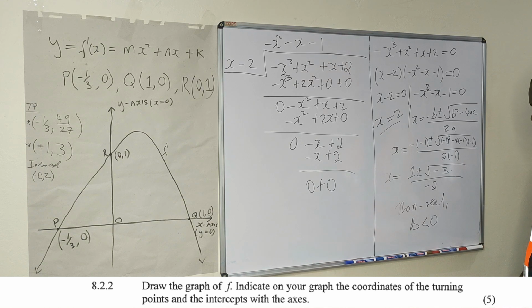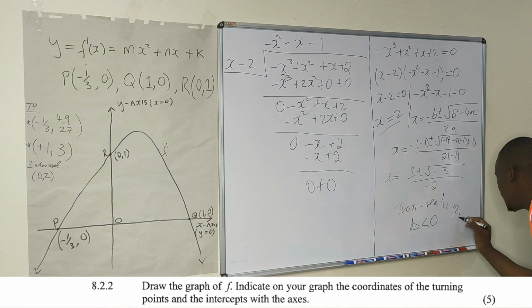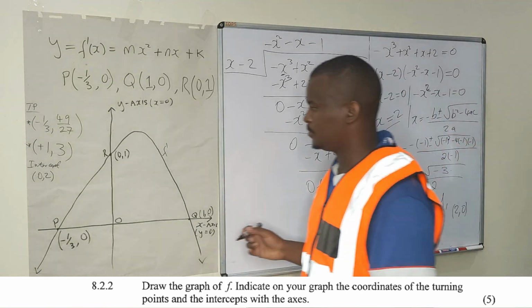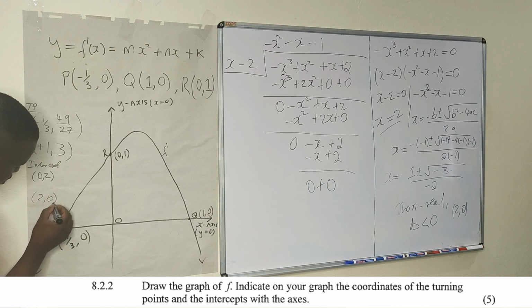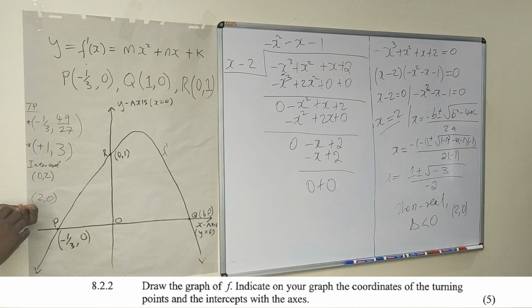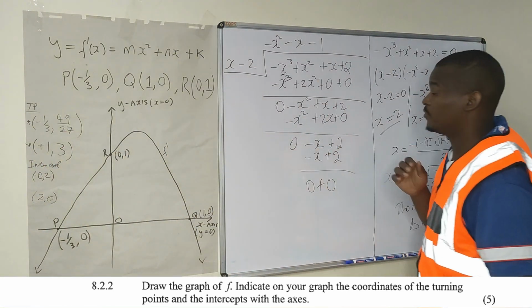So now let's try to plot it. We know that the x-intercept will be 2 and 0. So we have the x-intercepts, we have the turning points. So let's go and draw and plot our function.